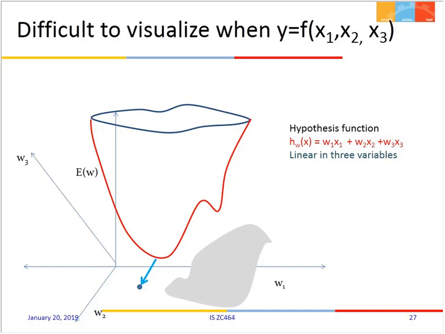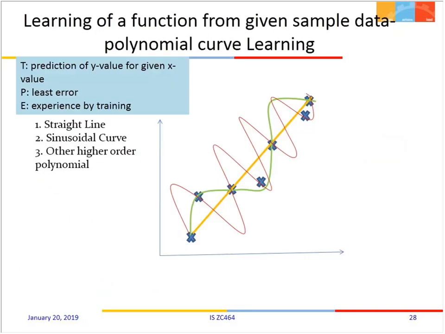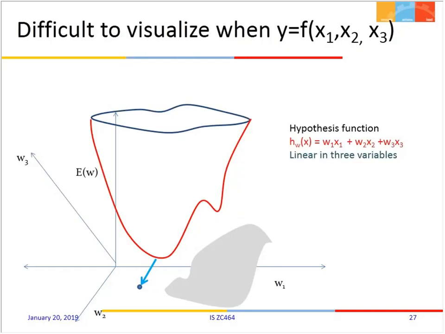If you visualize how this line will plot on W1, W2, W3 space, this line can be plotted as a simple point representing W1, W2, W3. Right? So, the shadow I have just shown is to give you the feeling that this is a four-dimensional space.